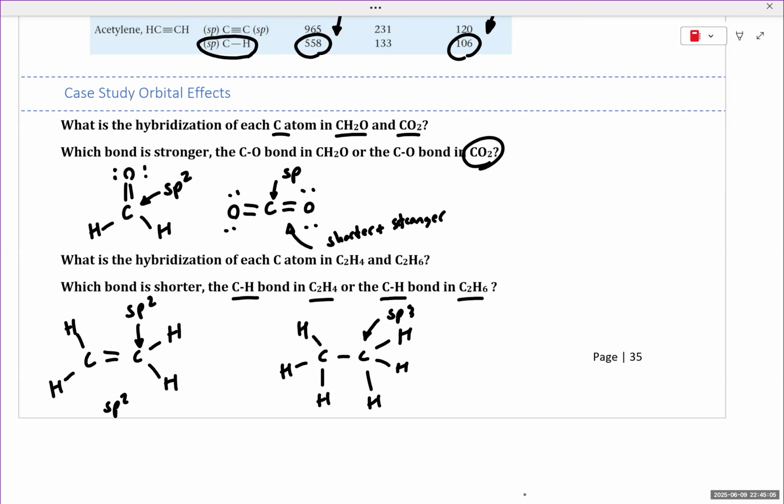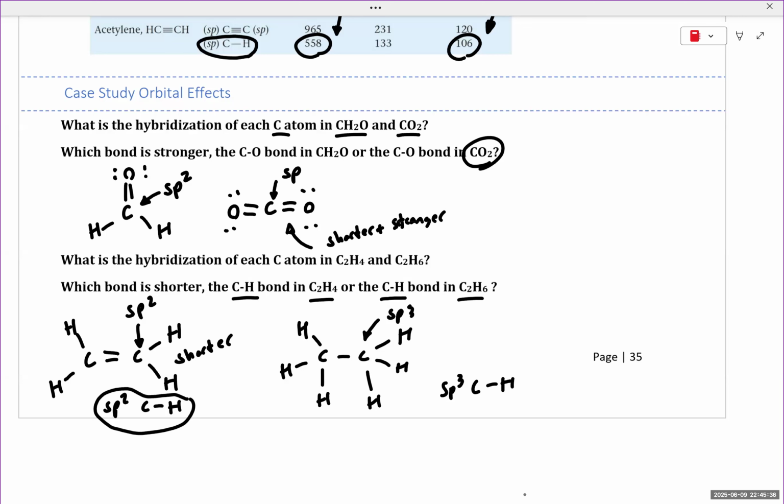So if we compare an sp2 CH bond versus an sp3 CH bond, generally the sp2 hybridized carbon will have shorter and stronger bonds, assuming the same bond order. So, which bond is shorter? The sp2 CH bond found in ethylene is going to be shorter than the CH bond found in ethane.